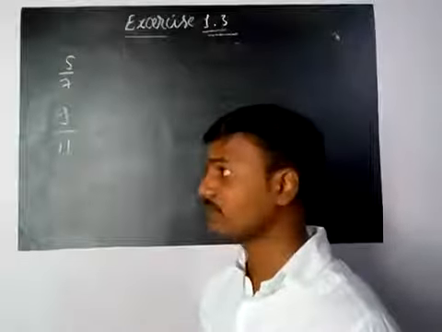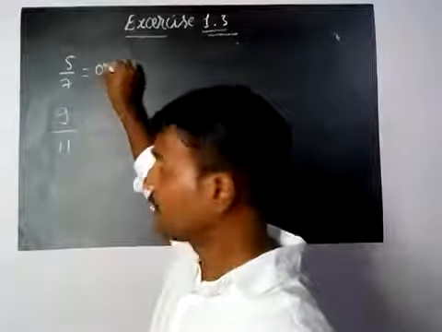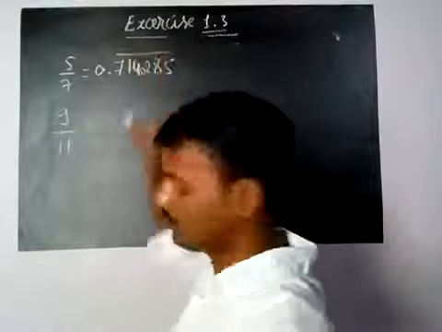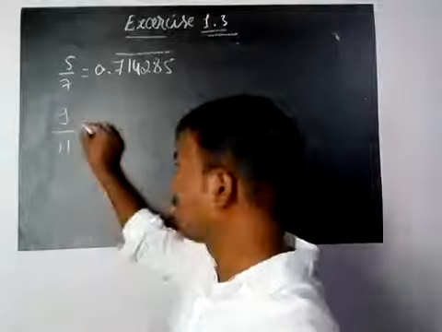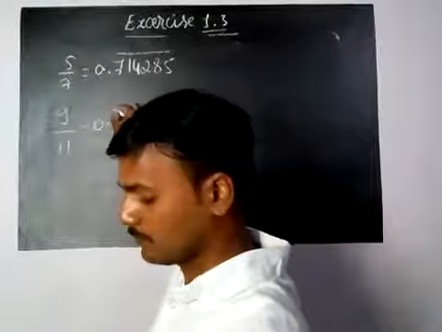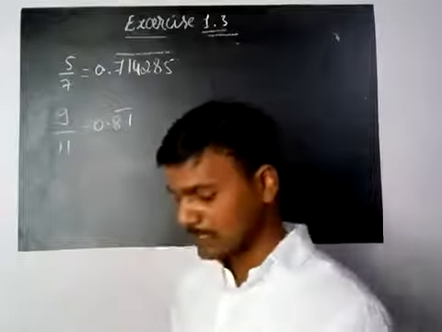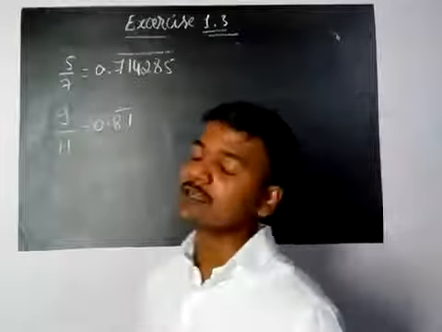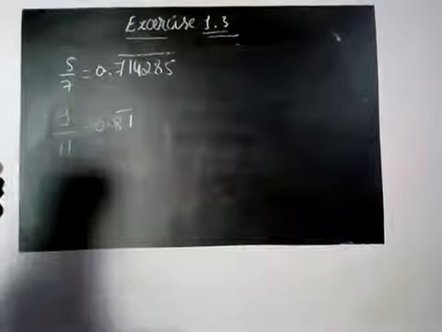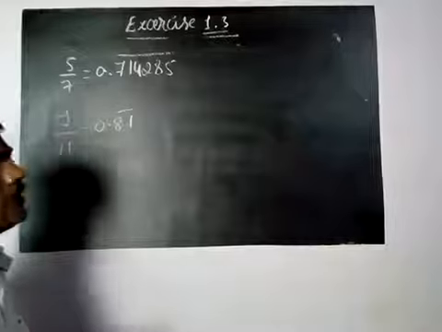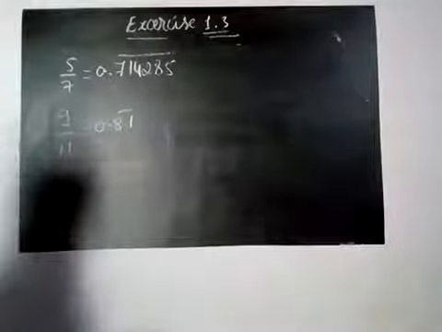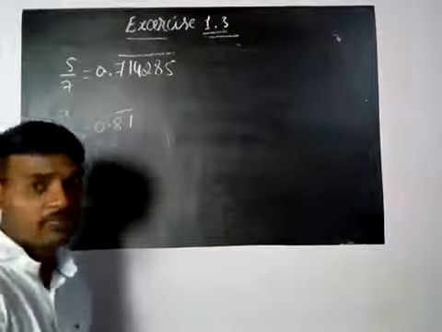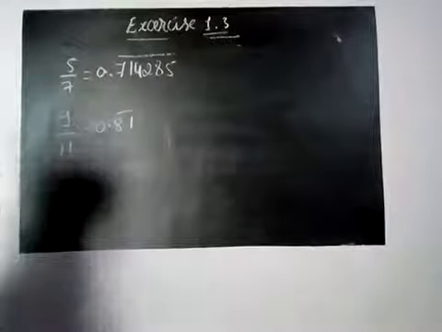The decimal expansion of 5 by 7 is 0.714285 with a repeating block, and 9 by 11 is 0.81 with a bar. So between these two, irrational numbers exist, infinitely many of them.